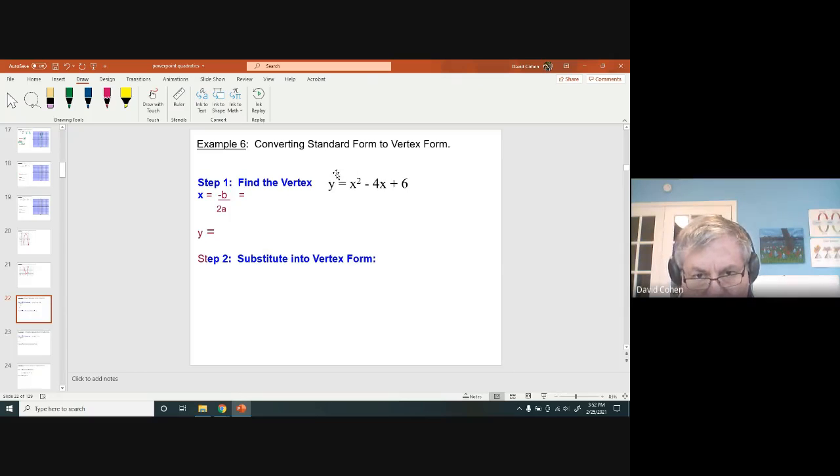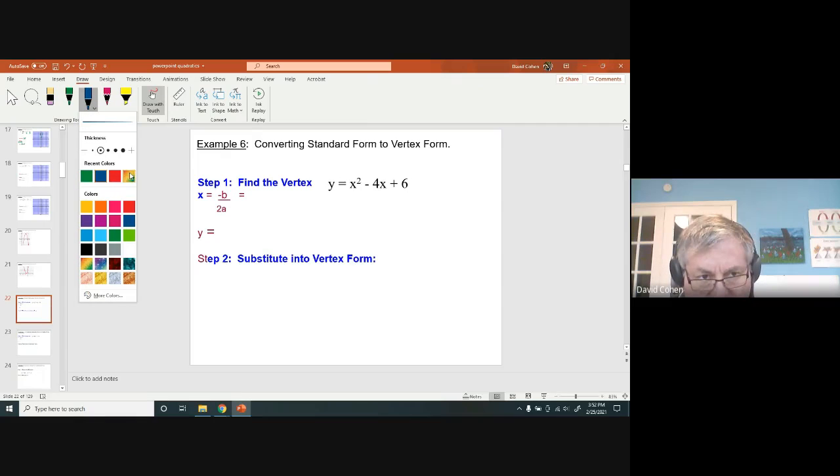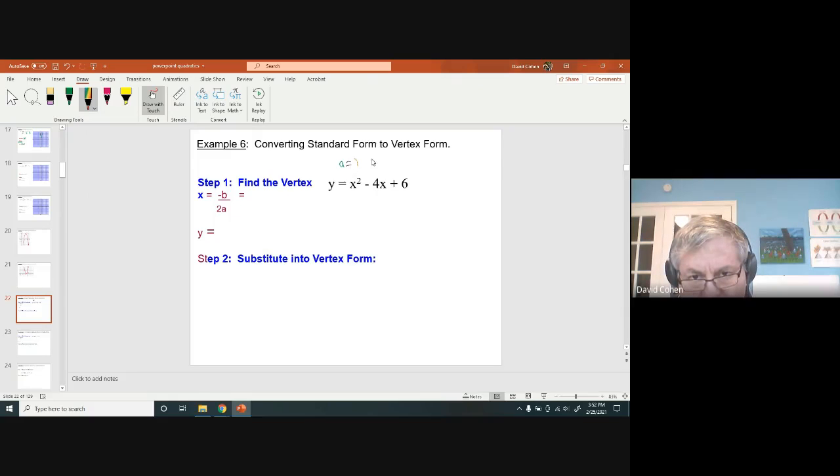Okay, so here is, I need to let it know I'm actually using a pencil. Here is A. A here equals 1. B here equals -4. And C, our constant, and also our y-intercept is 6.